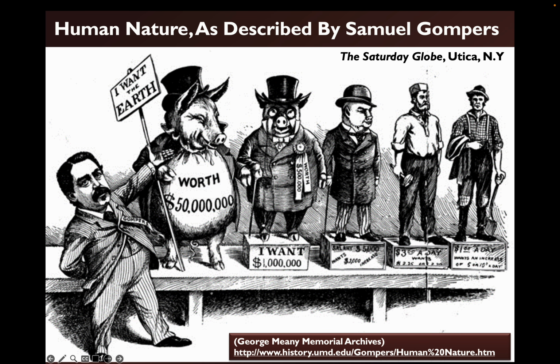It's still looking like a pig. Then we have the normal worker making $3 a day, wanting a little bit of a raise. And this guy, you can see his clothes are tattered. He's got a shovel. He's an everyday common laborer. He's making $1 a day and wants an increase of 5 or 10 cents a day. So these guys want a lot. These guys want little.